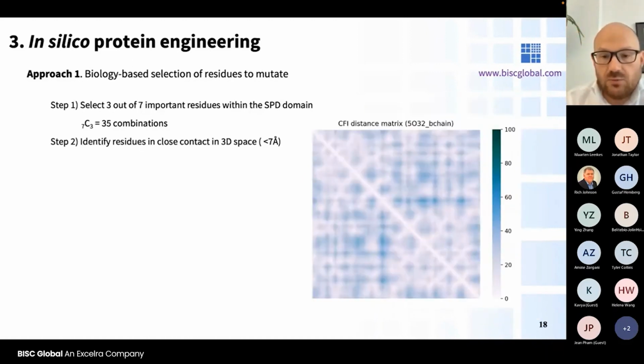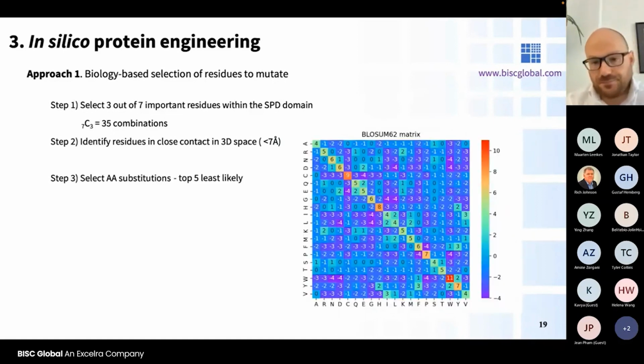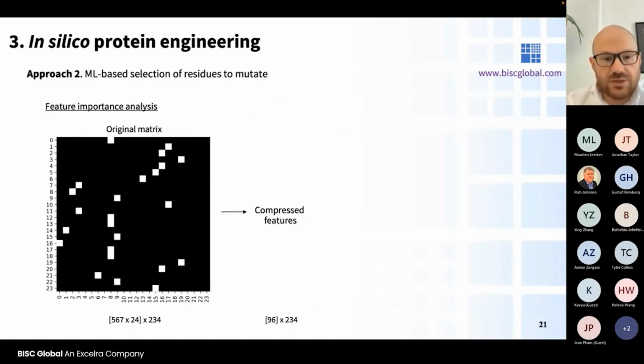And by doing these things, we look at the distance matrix, and we identify basically all the neighbors which are within a distance of 7 angstrom, and then we use those positions to mutate using the substitution matrix, and that's how we build the collections of different combinations. So again, this is a biologically based approach.